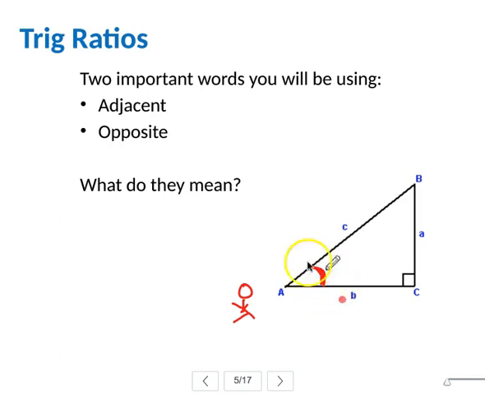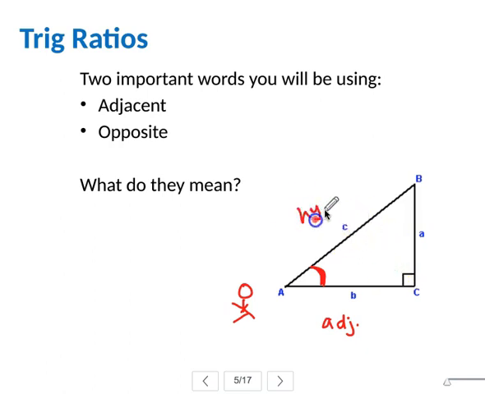So which one would be the adjacent one? This side, I meant to say. I'm looking at angle A. Side B is going to be the adjacent leg, and I'm about to explain right now. This side right here, C, is always the hypotenuse. Remember, the side opposite our right angle is the hypotenuse.